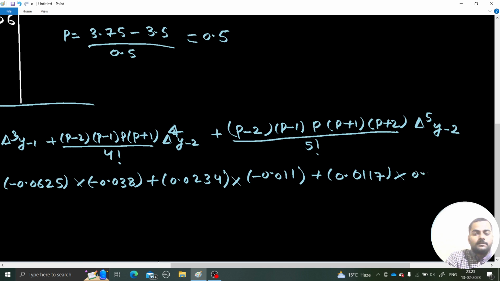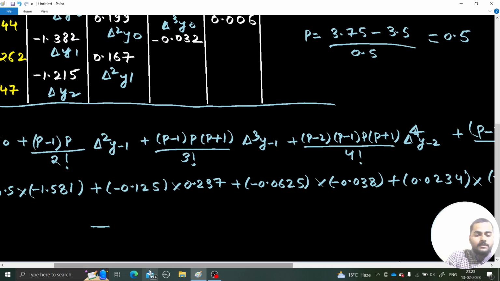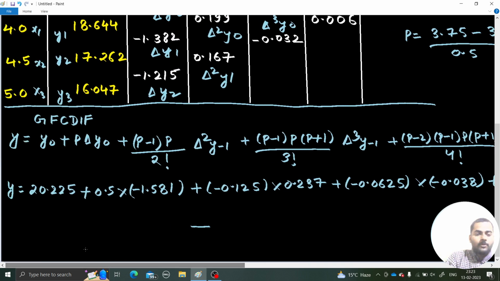That gives 0.017. Let's carefully calculate the values, although I have taken approximate values.